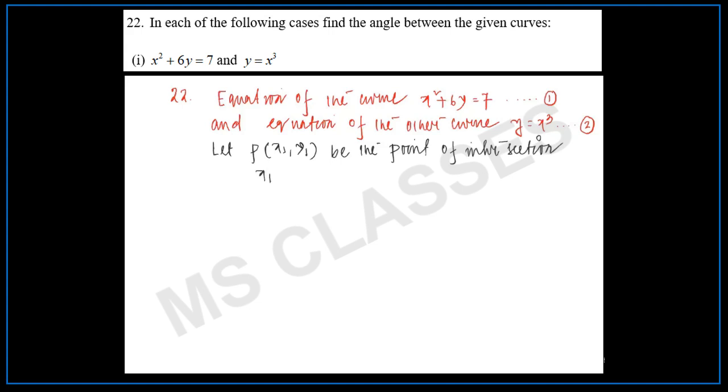So we can write x1 square plus 6y1 equal to 7 and y1 equal to x1 cube. So x1 square plus 6x1 cube equal to 7. Now if we simplify, we can easily understand x1 equal to 1 will satisfy the above equation.